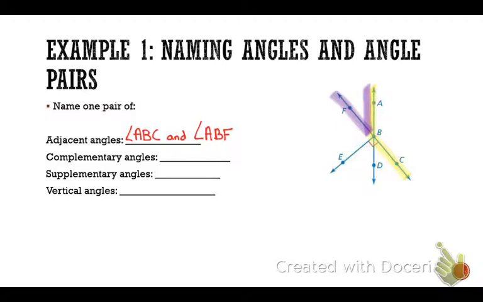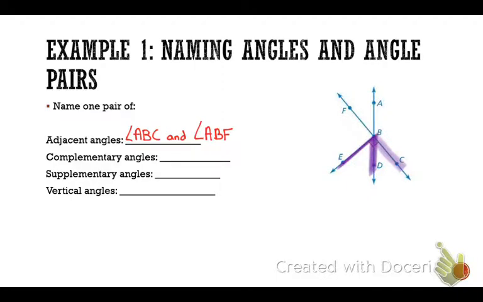So for complementary, the measures have to add up to 90. So what's going to kind of give it away? Yeah, the box. The box gives it away because I know that the measurements here have to add up to 90. So this angle, CBD, and the angle DBE are going to add up together to make 90 degrees.